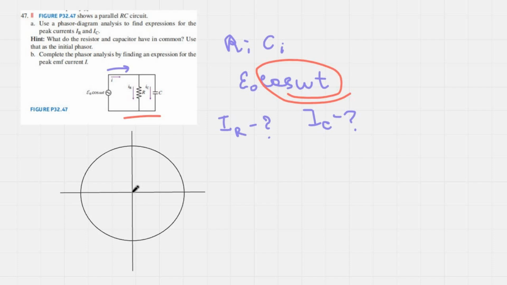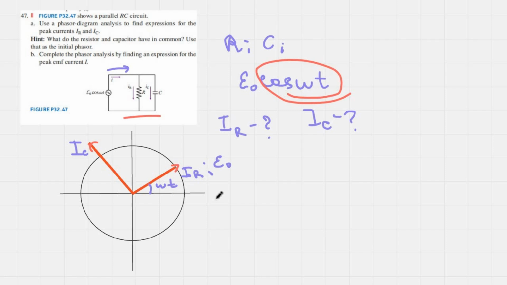So our graph will look like this. That will be our current I_R, in the same direction as the phasor of the EMF. Then that's our current I_C which flows through the capacitor, at an angle of omega t. That's how it looks on the phasor diagram.